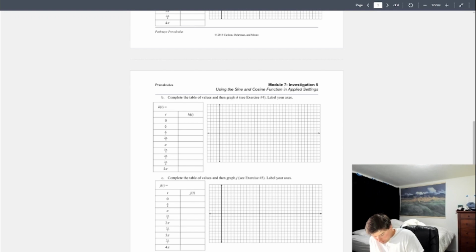For h, would the amplitude be 2.3 times 2?